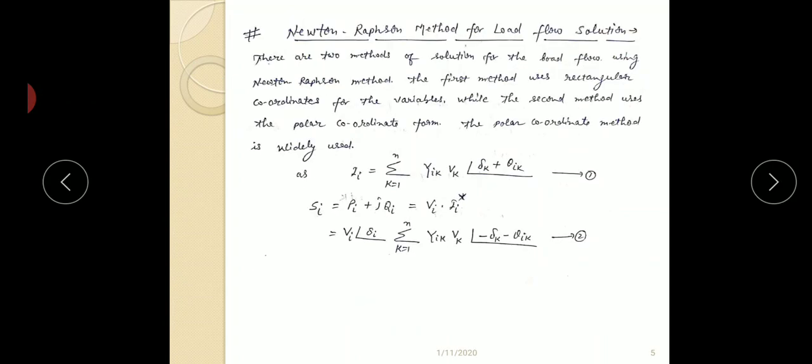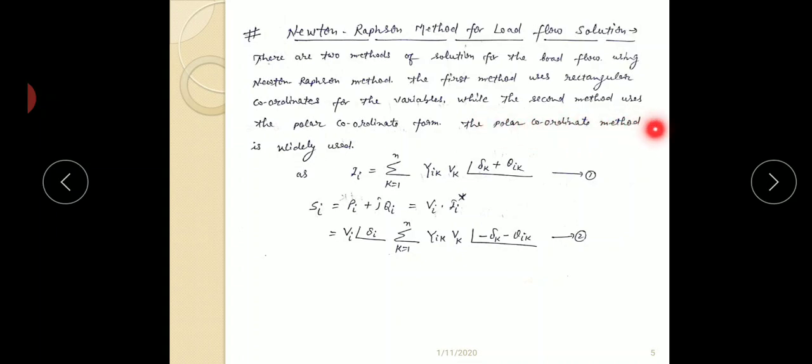Newton-Raphson method for load flow analysis. There are two methods of solution for the load flow using the Newton-Raphson method. The first method uses rectangular coordinates for the variables, while the second method uses the polar coordinate form.